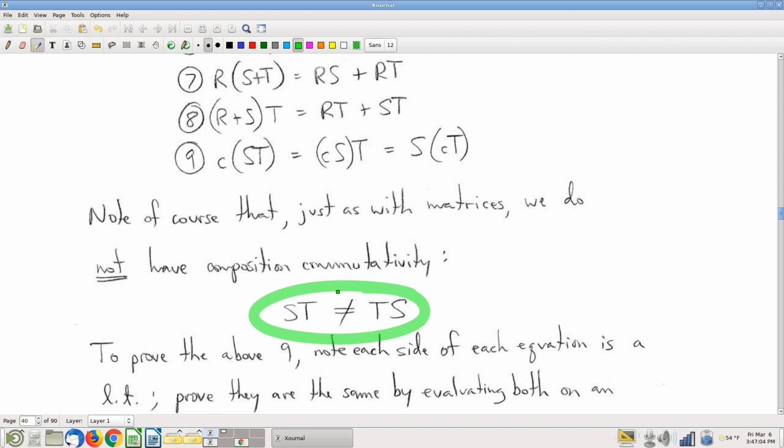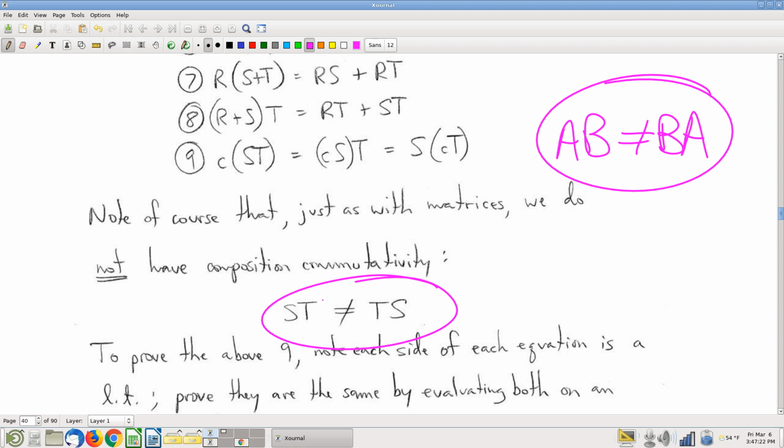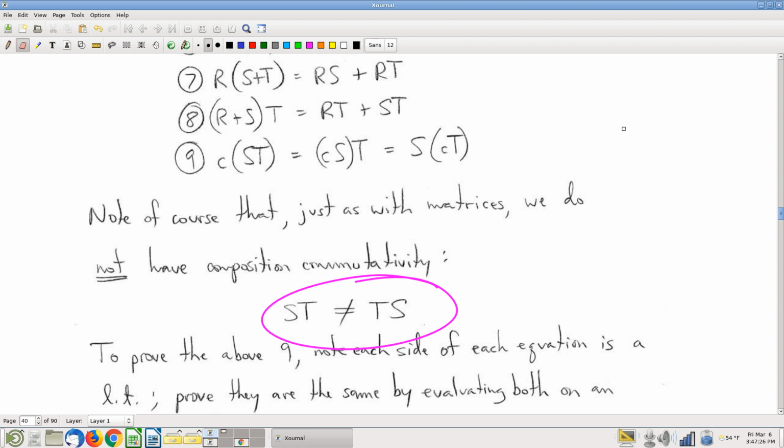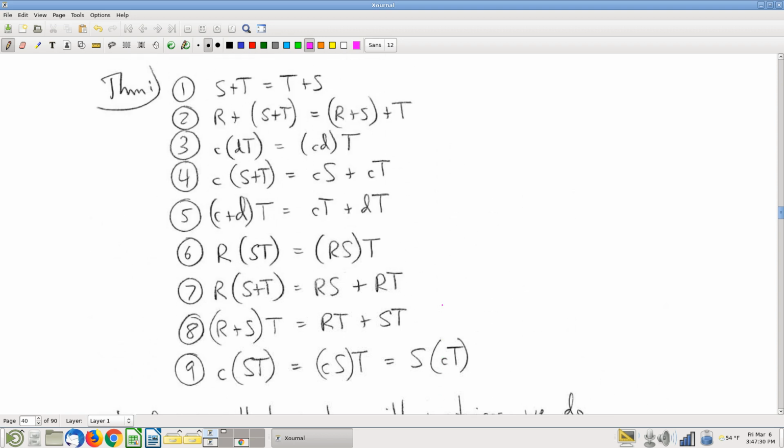Products that we've seen in the past have been commutative, but honestly, not even all of them. Don't forget, matrix multiplication is not commutative. We know AB is not equal to BA. So we've seen non-commutative products before. This one is not our first time. Okay. Now, these properties all deserve to be proved.